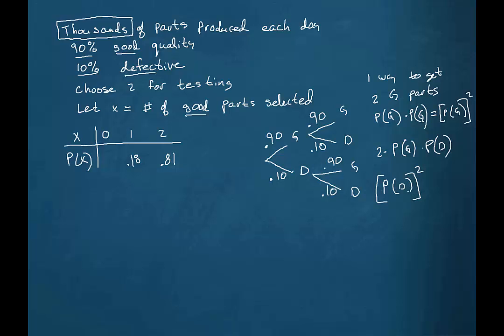And then the probability that I would get 2 defective ones is going to be 0.01. And so is this a valid probability distribution? Yes, because each of these is a valid probability. And then the sum of these probabilities is 1.